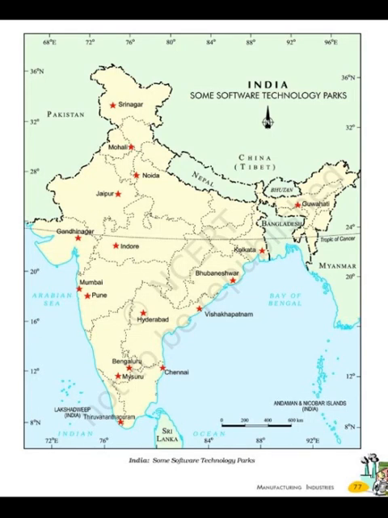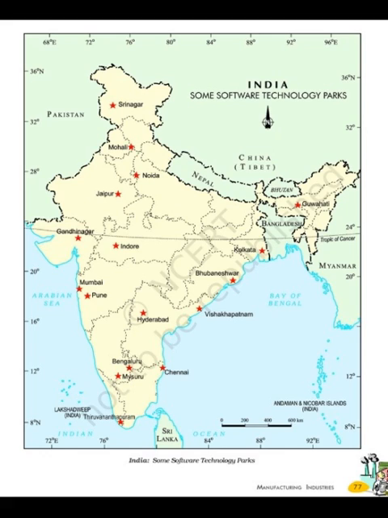Now on page 77, students, the map of the software technology parks is given, and in your syllabus you have to mark Noida. It is in Uttar Pradesh. Then Gandhinagar, please mark, it is in Gujarat. Then Mumbai, in Maharashtra, on the same map, page 77. Then Pune, again in Maharashtra.